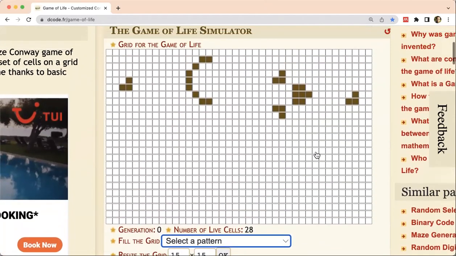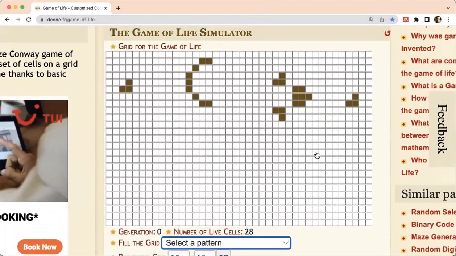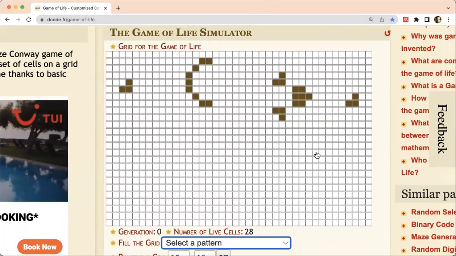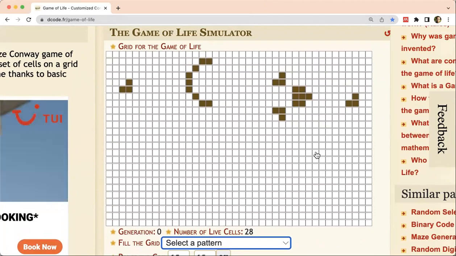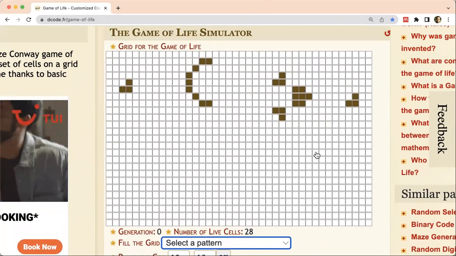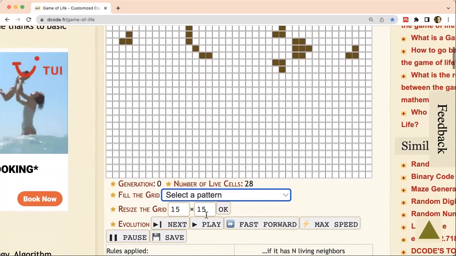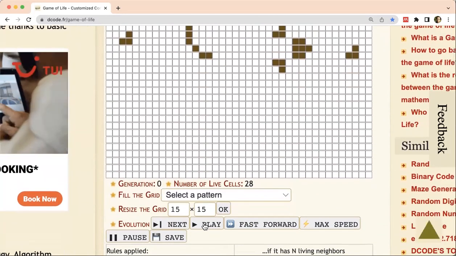So what it's going to do is populate this grid with this particular pattern, and this is just an initial condition. And then I will press play.